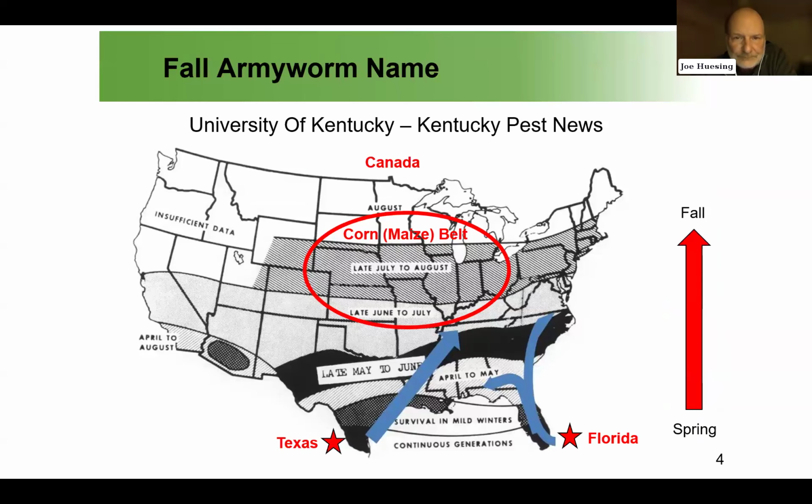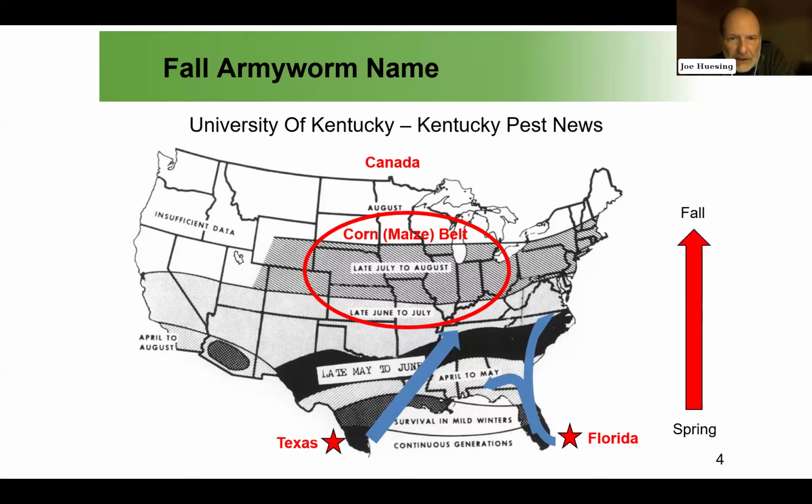Next slide, please. A couple things I want to show you on this slide. The first is, where did the name fall armyworm come from? If you look at the two stars, Texas and Florida, in South Florida, the fall armyworm, the maize strain, is endemic year-round. And in South Texas, the so-called rice strain, which should actually now be called the range strain, I can explain that later if people are interested, is endemic in those two regions.